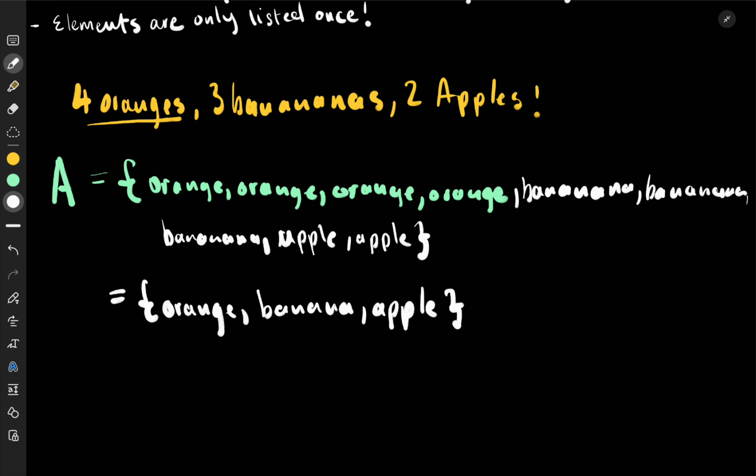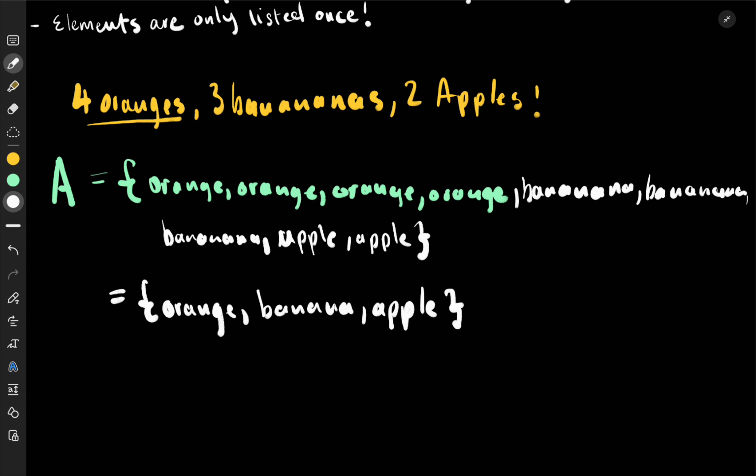It tells you that if you come inside, you're going to see a banana, you're going to see an orange, and you're going to see an apple. Those are the things that we have decided to include as the elements of the set. But it won't tell you how many of each there was. That's point number one.